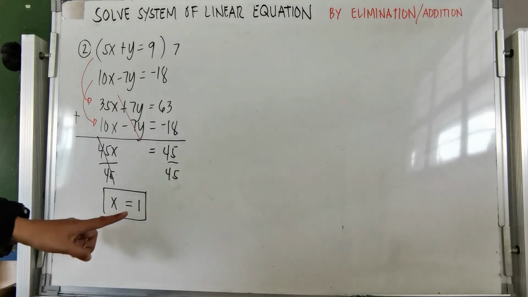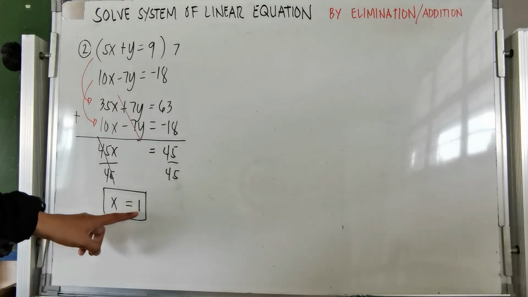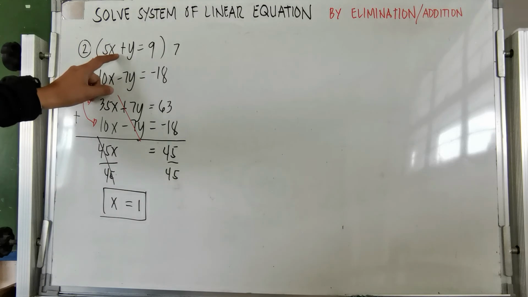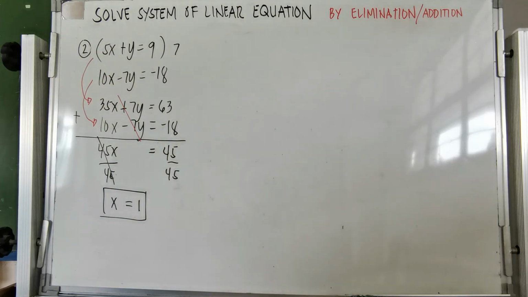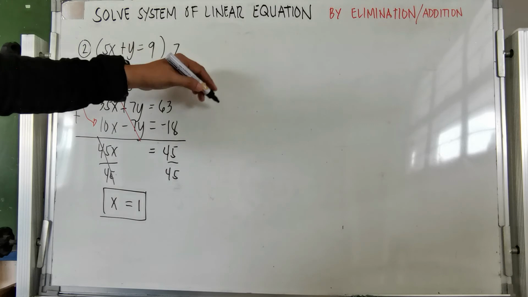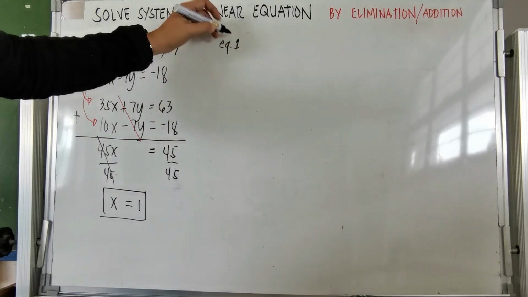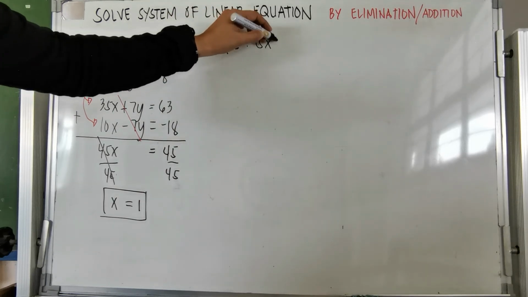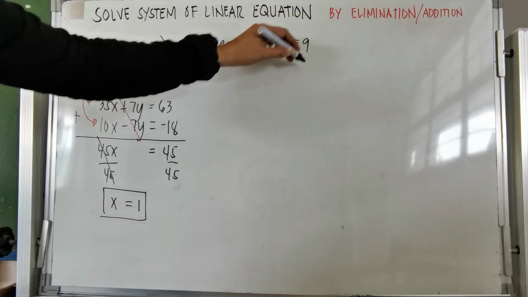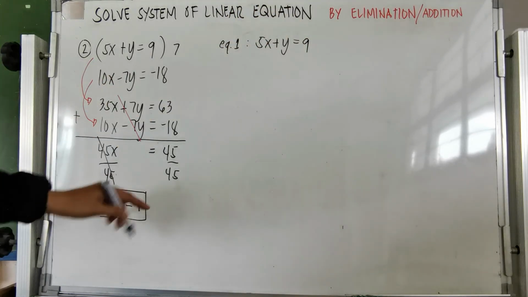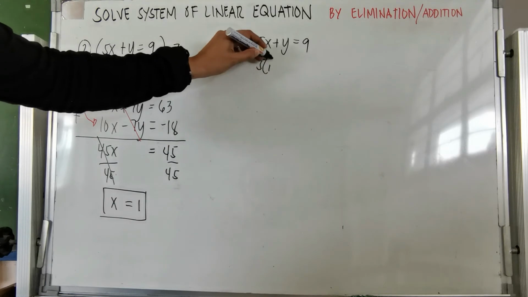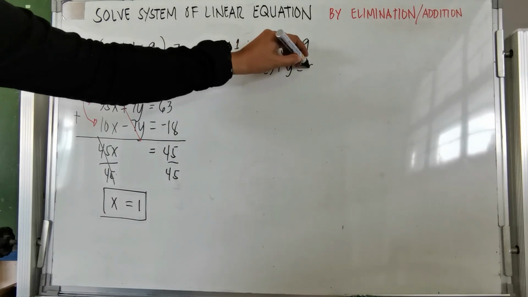So, let's say, isa-substitute ko yung x equals 1 sa ating original equation 1. So, substituting this one in equation 1, which is 5x plus y equals 9. Papalitan ko na ng 1 yung x. We have 5 times 1 plus y equals 9.